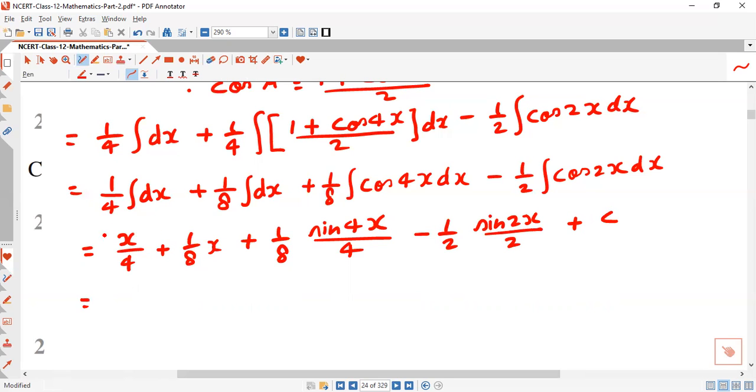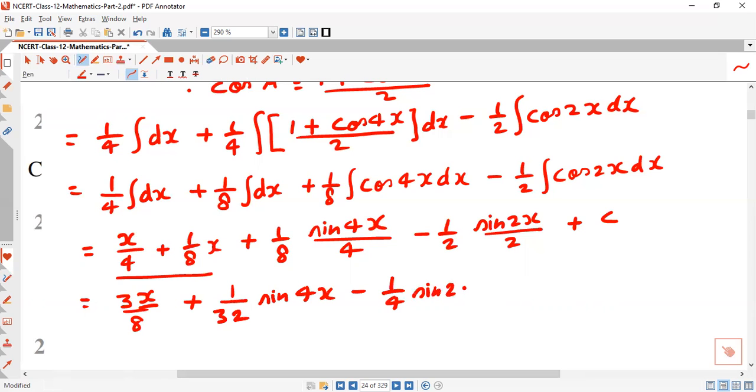You see the first two terms will be added. We add this one with the 8 LCM. We are getting 3x by 8 plus 1 by 32, 8 into 4, 32, sine 4x minus 1 by 4 sine 2x plus some constant c. So this will be the answer of this question.